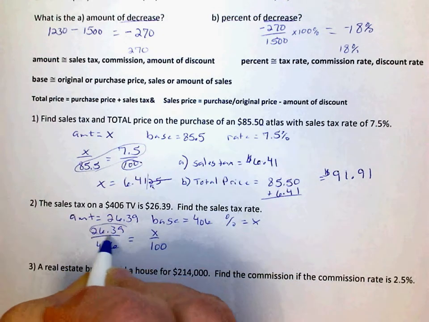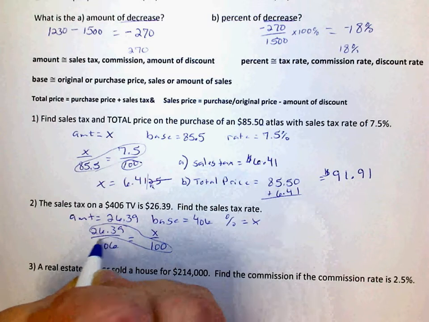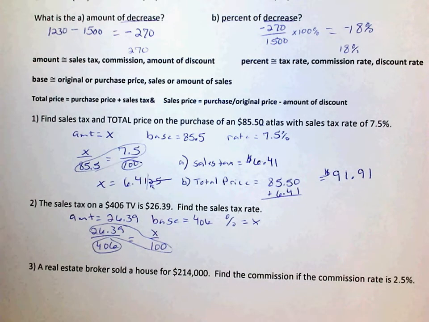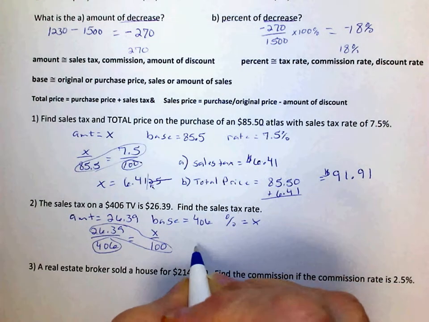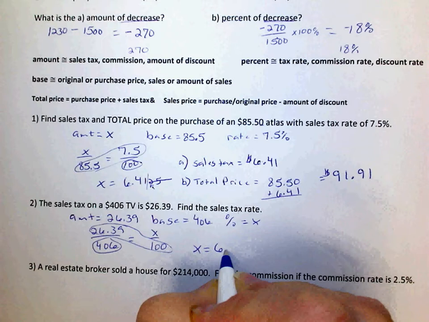Multiply these, divide by that. So 26.39 times 100 divided by 406, and X is 6.5%.